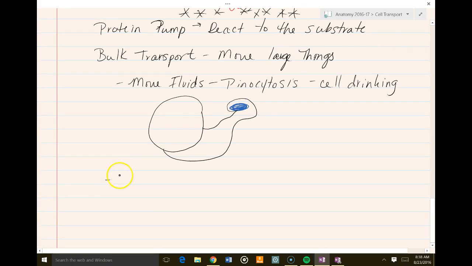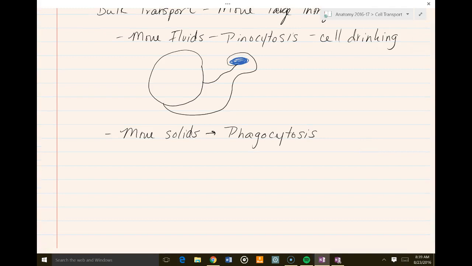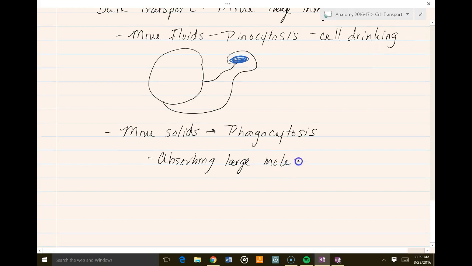All right. The other way is if we're moving solids or other large things. All right, and we call this phagocytosis. Okay. So phagocytosis is the same process, but we're absorbing large molecules, like really big molecules.